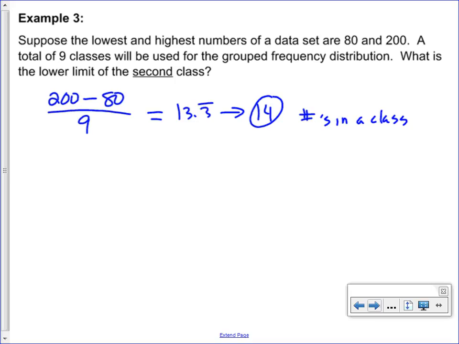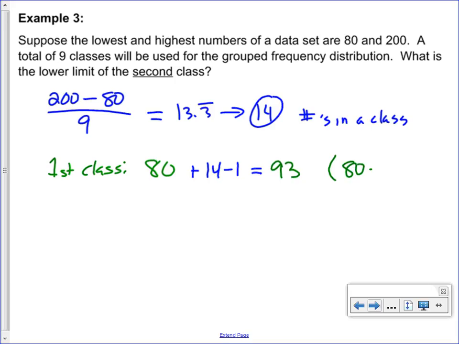Okay. The first class will start at 80, and then plus 14 minus 1 equals 93, right? So the first class will go from 80 to 93.